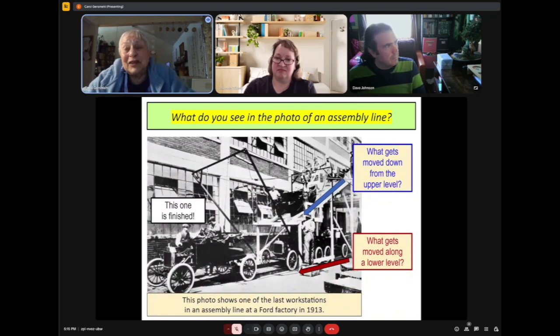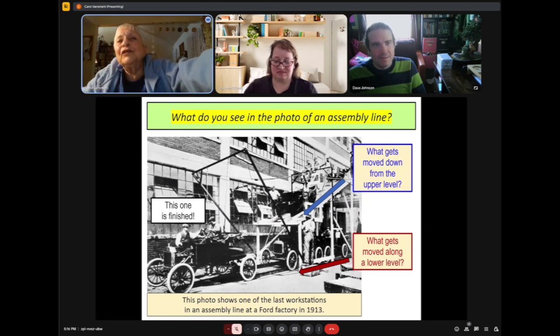I think this is a kind of funny one at a Ford assembly line. Over on the left is the finished car, basically all put together.